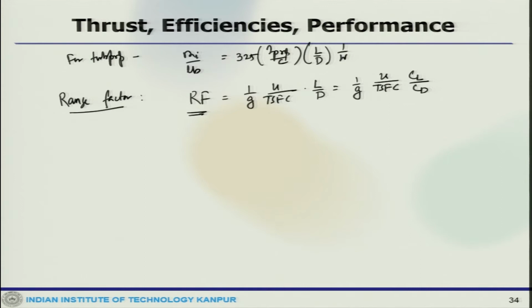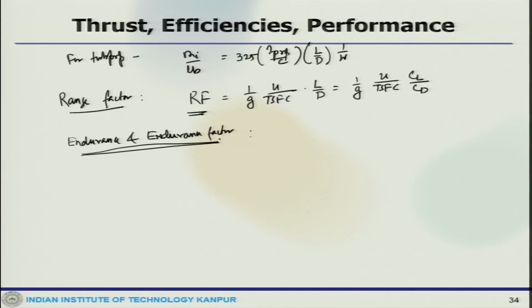Now, we can look at the other factor like endurance and endurance factor. Okay. So, endurance is something, the way it is defined, if the time spent in the air is of interest and not the distance travelled, then one is concerned with the endurance.